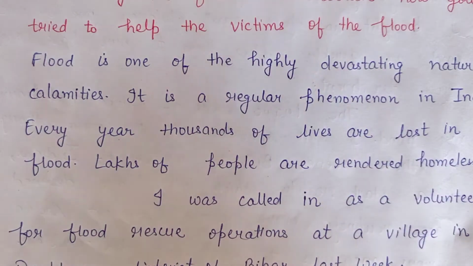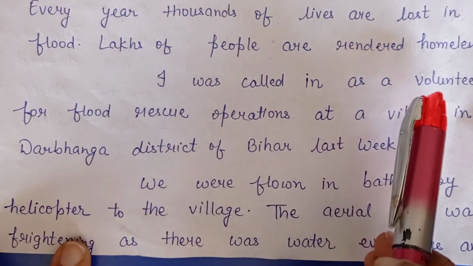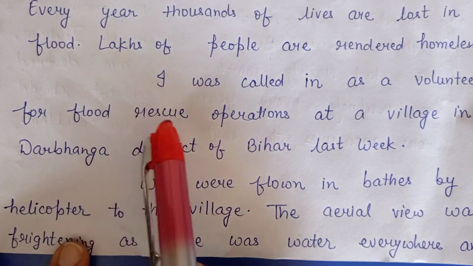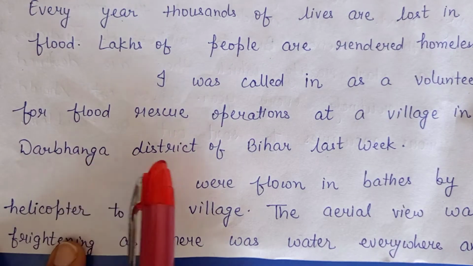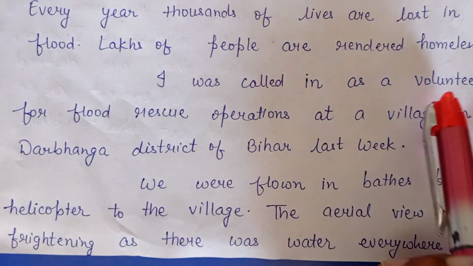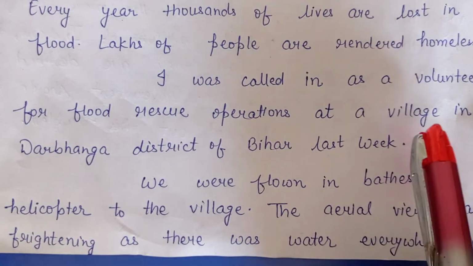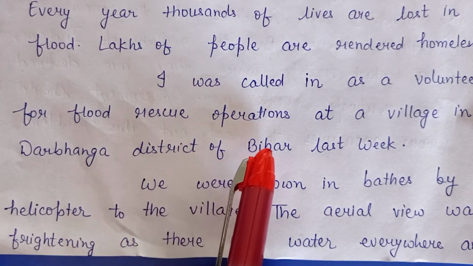So many people lose their homes. I was called in as a volunteer for flood rescue operations at a village in Darbhanga district of Bihar last week. So I was a volunteer at a village. The name of the village was Darbhanga, which is in the district of Bihar.